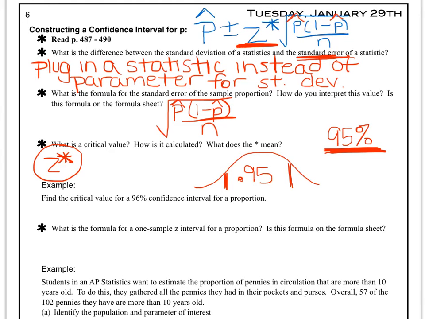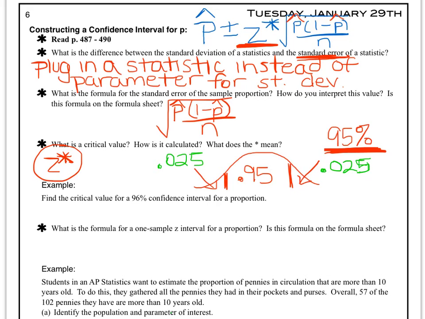So I have 5% left that is split between here and here. And so that 5% has to be divided in 2, which makes this 0.025 or 2.5%, and that makes this 0.025 or 2.5%.